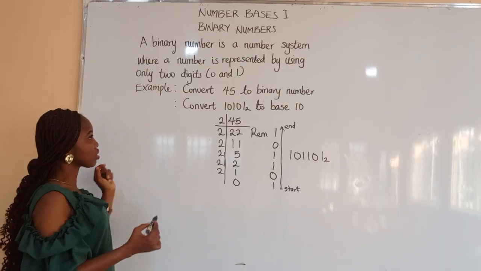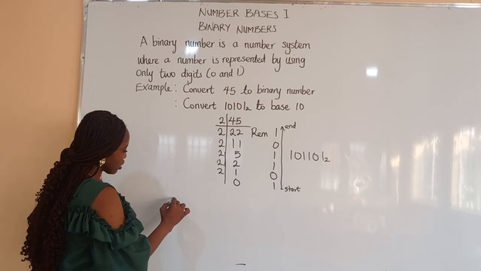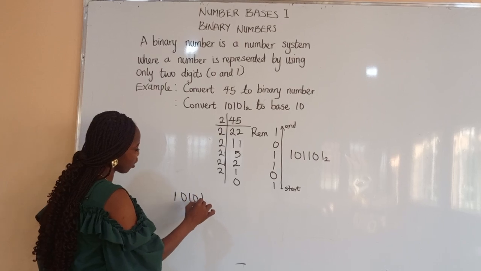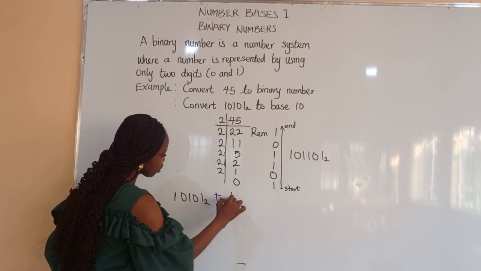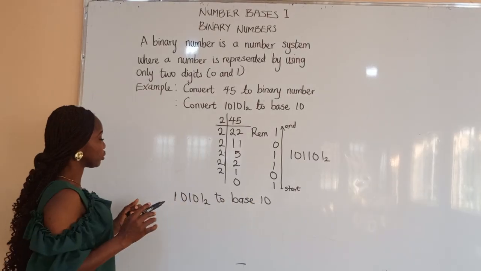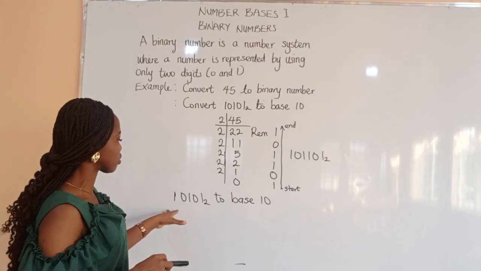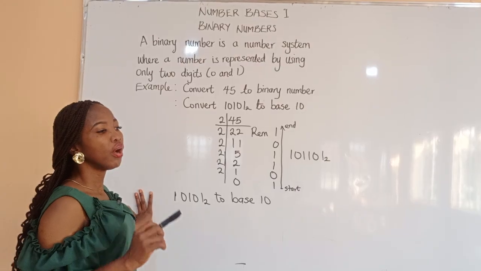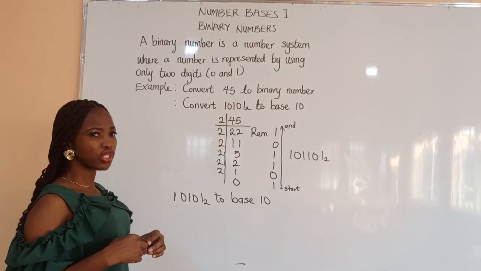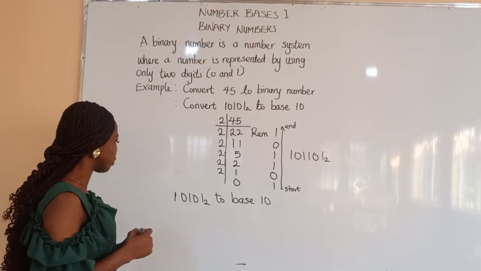Now let's go to the second one, which is 10101 base 2 to base 10. In this method, we have so many ways to solve this particular one. But I'm going to use the one that is common, and I'm also going to make it simpler for you.